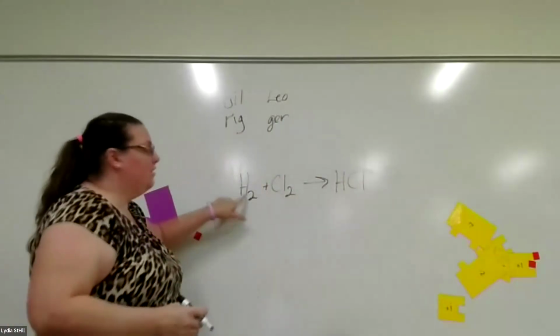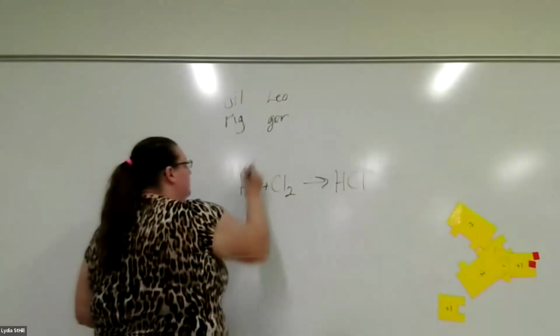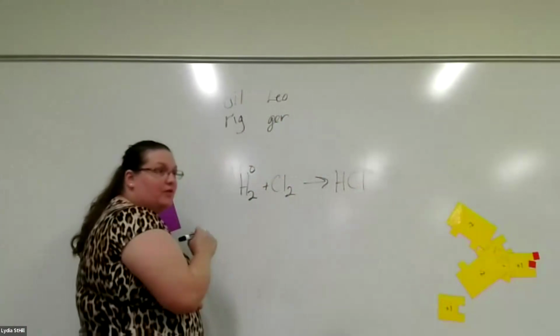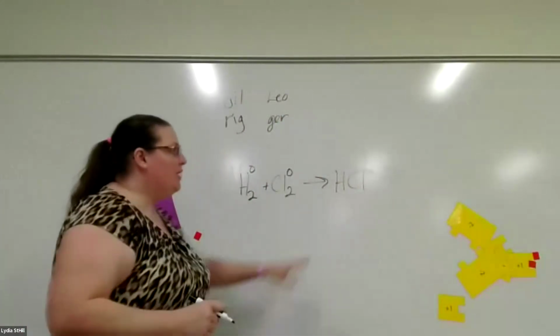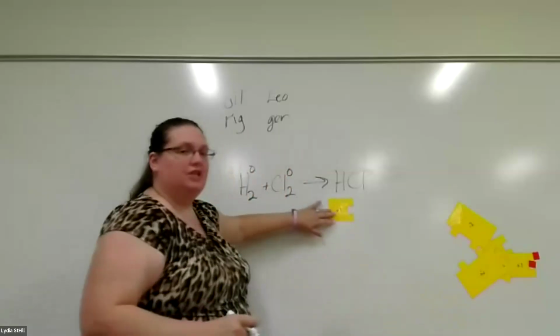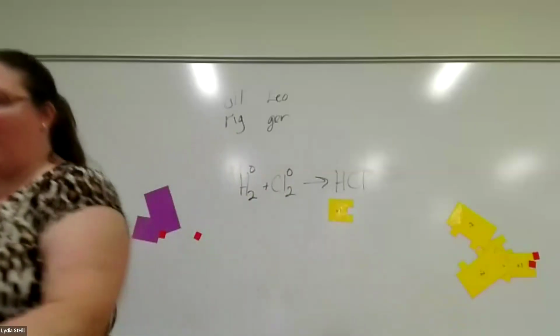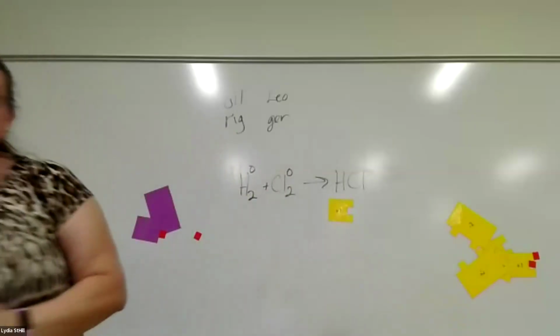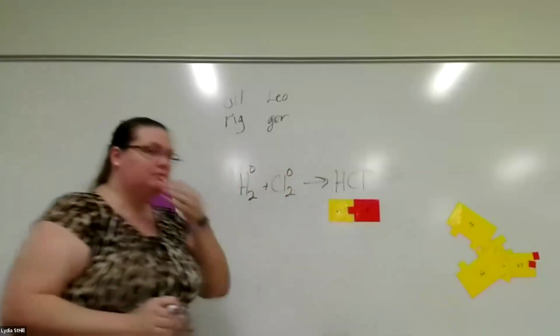We're going to know that the elemental form of hydrogen gives us a 0. We know the elemental form of chlorine is Cl2, so that's also a 0. When it is bonded, we should know that hydrogen is a +1. And we should also know that chlorine, when it forms a bond, is a -1.